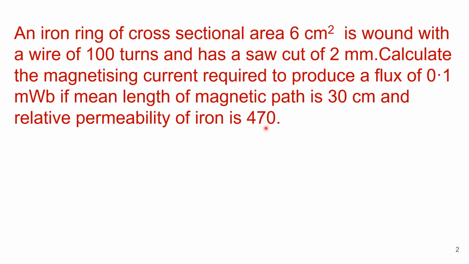Mu r of iron is given, and mu r of the air gap is 1. So by seeing this question, we can find I as total ampere turns required divided by N, the number of turns. For total ampere turns, we take the ampere turns required for the iron path of the ring as well as the ampere turns required for the air gap.